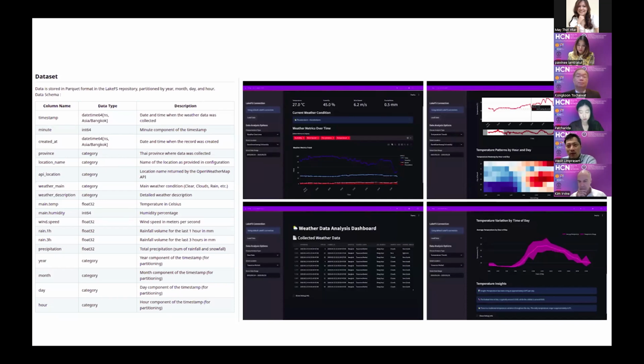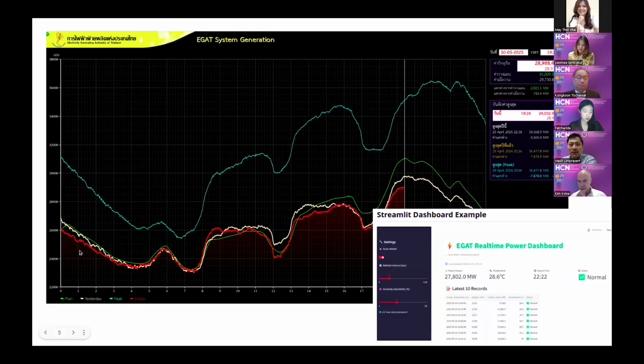For this one, we have weather data where every 15 minutes we gather information for every single latitude and longitude. We have temperature, humidity, precipitation and weather. And we also have some chance to get EGAT power generation.